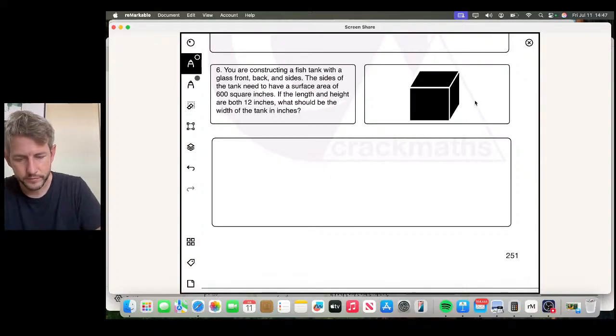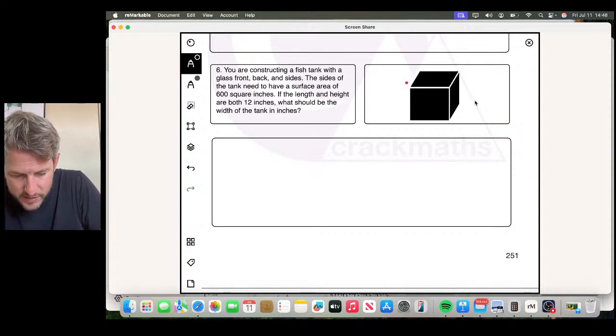So, the sides of the tank. Again, I feel like it's really ambiguous because the base is a side and the top is a side, but I think it just means the sides. So let me put the 4 sides in there, and then I'm going to put this information in first. So the height is 12 and the length is 12.